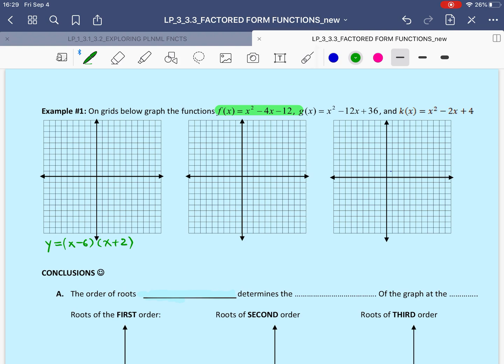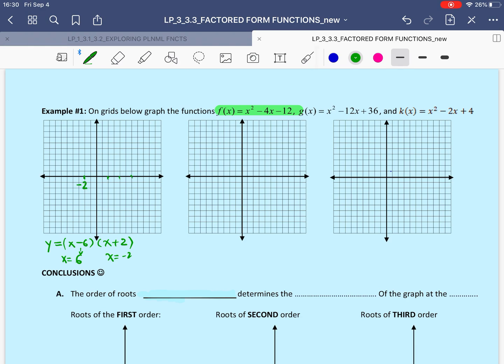Now I'm not going to pay attention to graphing the exact shape of the parabola. I'm going to focus only on the x-intercepts. So the roots of this equation, or the x-intercepts, will be at x equals 6 and at x equals negative 2.